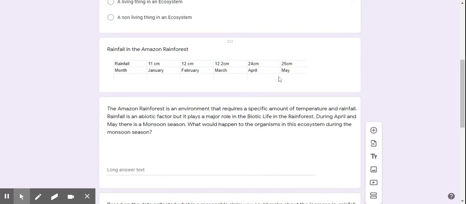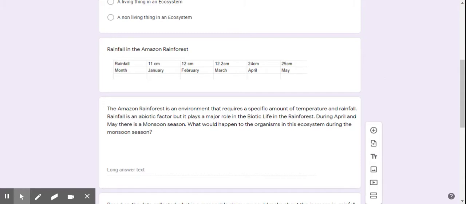And if my plants, my producers, are increasing, then my primary consumers will increase, and anybody that eats them is also going to increase. So my entire ecosystem is going to go up during this time because we're going to have more producers available. I made this prediction simply based off the fact that we have more of this abiotic factor. More rain equals more producers in this scenario.